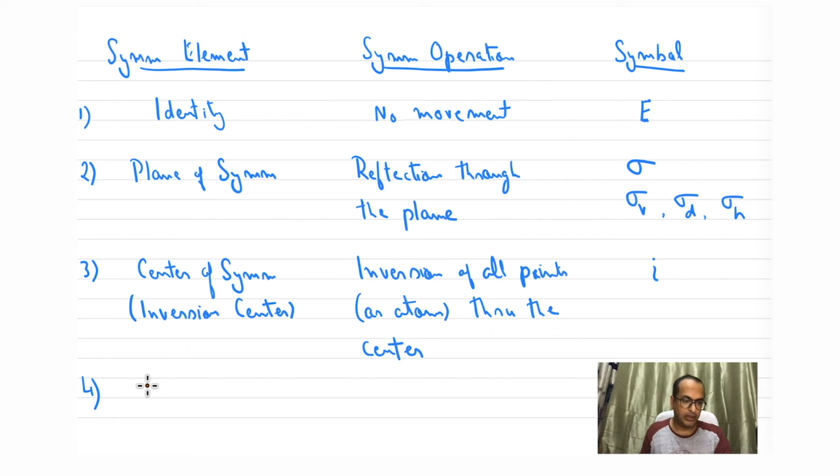The fourth is proper axis of rotation. So we had the symmetry element, symmetry operation and the corresponding symbol, right?